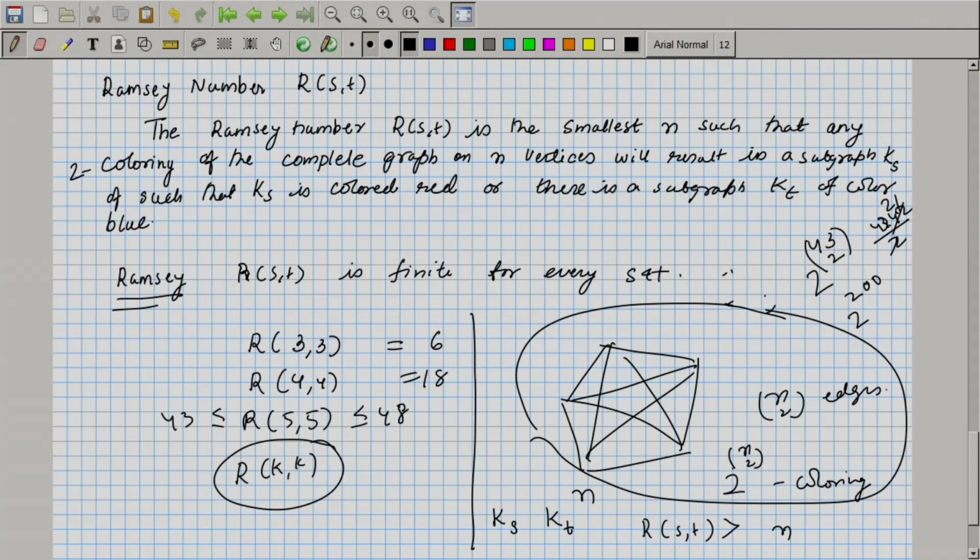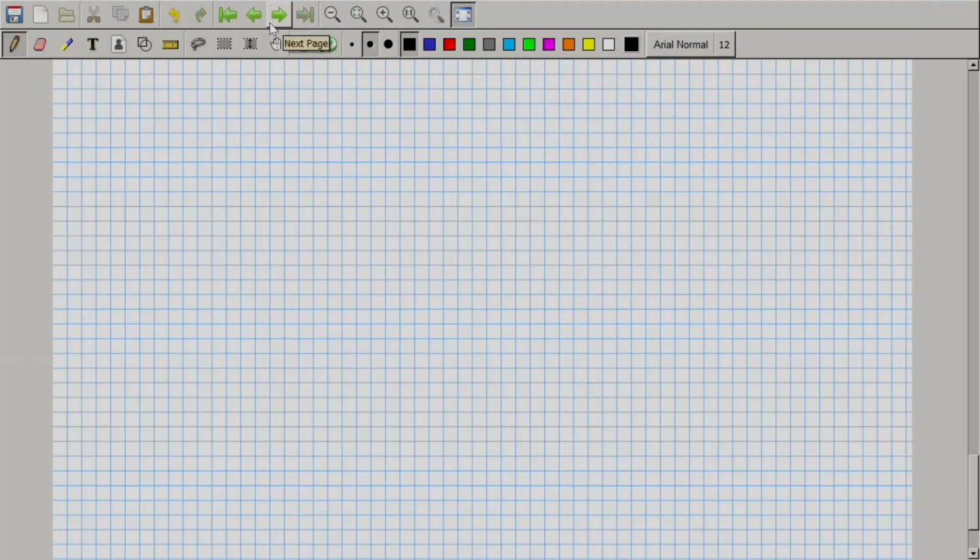So, we will see how the probabilistic method can be used to show that R(S,T) is greater than a certain number. We will use it to obtain lower bounds. This is the kind of problem we are interested in: a combinatorial property captured in terms of R(S,T).